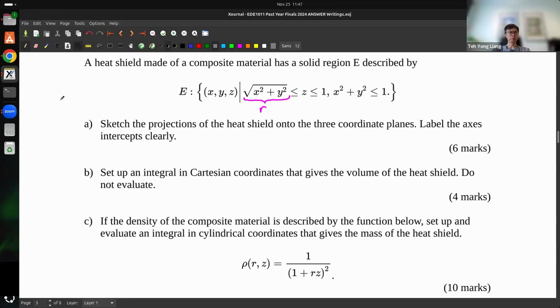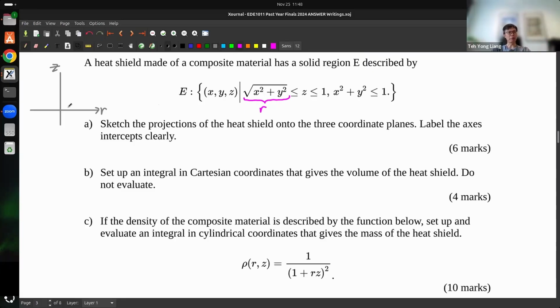Without looking at the solution, you can see this one is z so you must draw z. And because this is r, of course you can draw with respect to r. So this is root of x squared plus y squared, which is really r, because r squared equals x squared plus y squared in the polar representation.